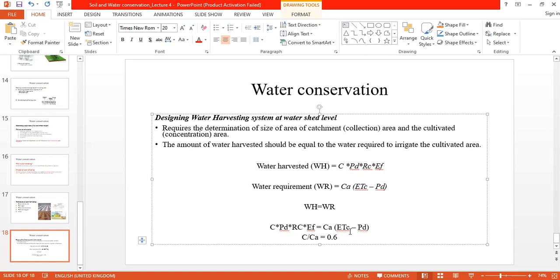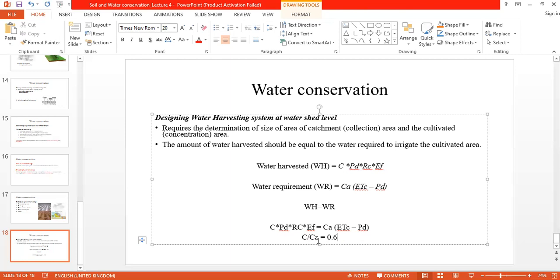So it means that if I have to know the catchment area, it means this over this. So now it will take us to ratios. That's basic mathematics that we did.